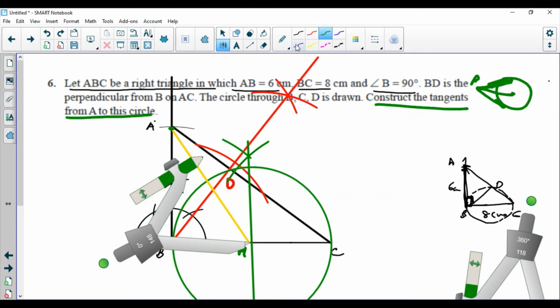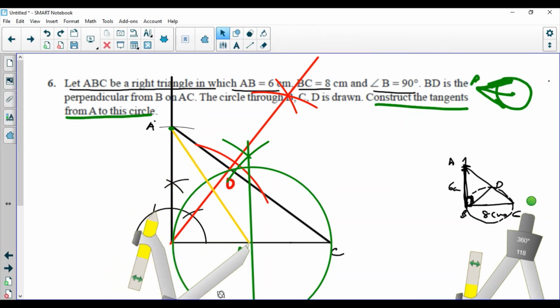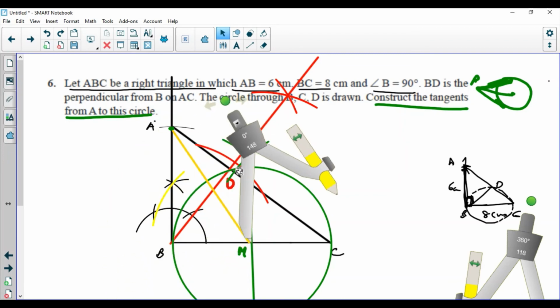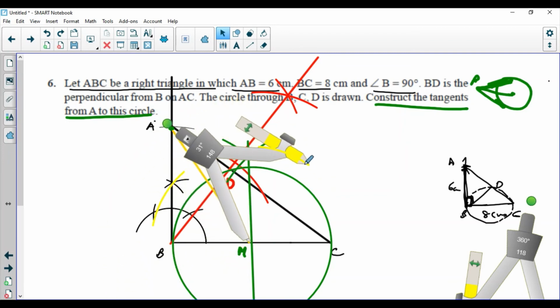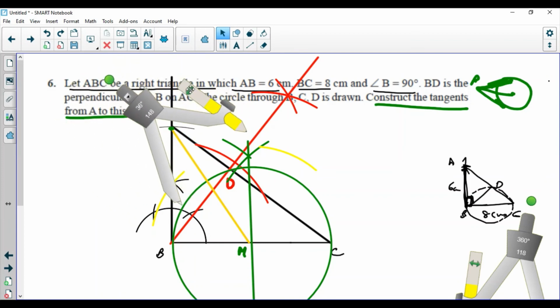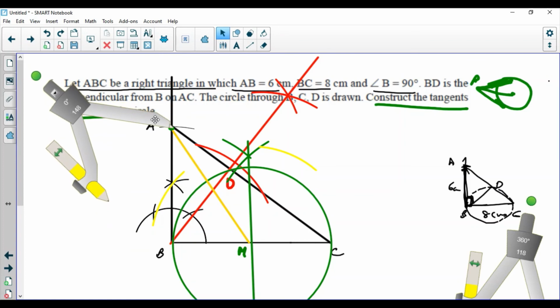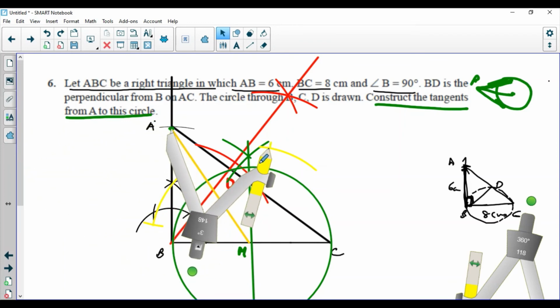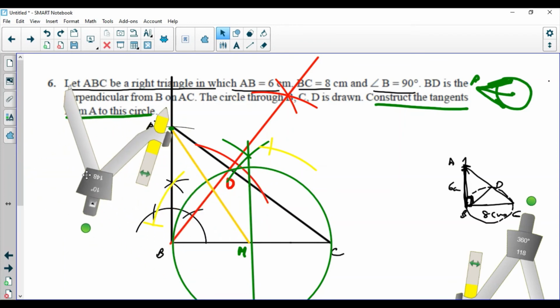This is very important question, okay? The only thing we have to, step by step, follow the instruction given in the question. Rest of the things will come accordingly. Now keep the pointer at A. And cut the yellow arc. Okay.